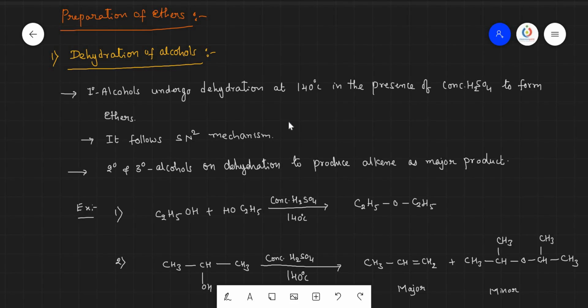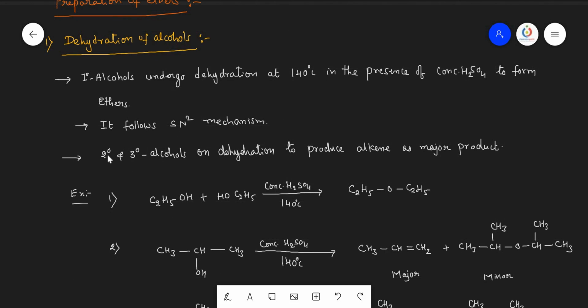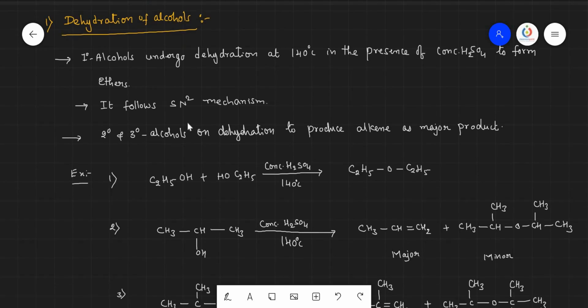Then what about the secondary and tertiary alcohols? When the same secondary and tertiary alcohols undergo dehydration in the presence of concentrated sulfuric acid at the same temperature, they give alkene as the major product, not the ether. And if you take the primary alcohols, the major product is ether, and this particular mechanism follows the SN2 mechanism.